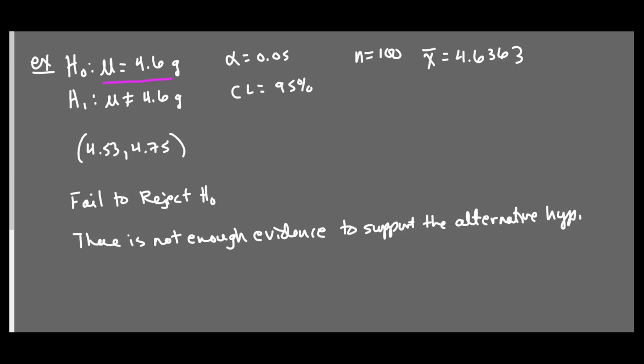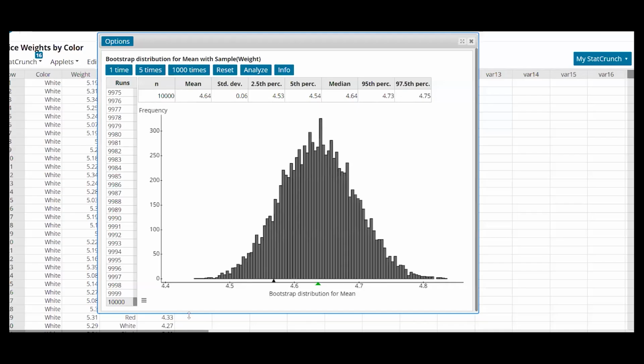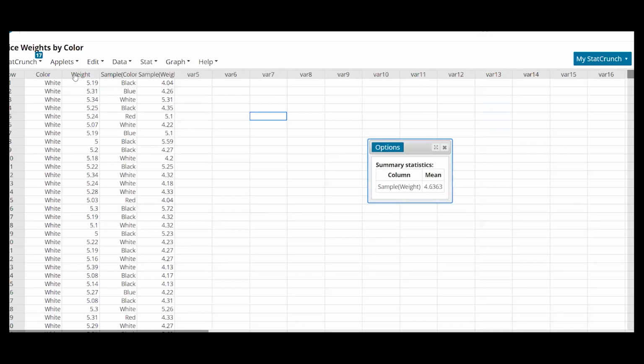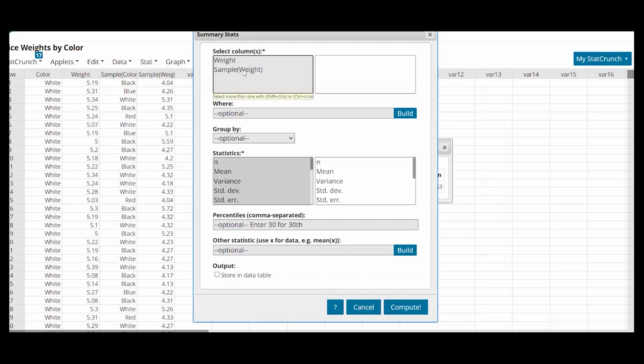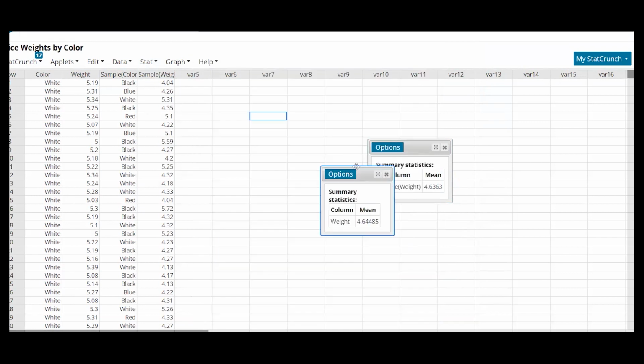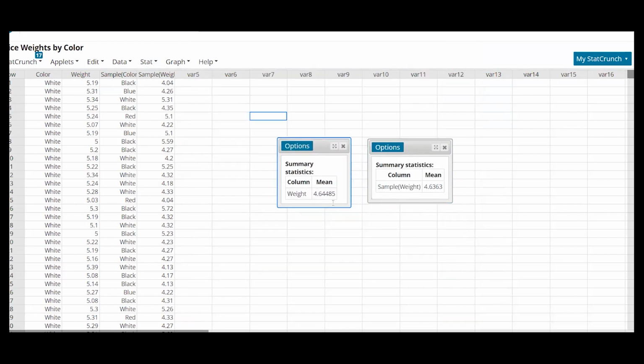Now I do have all the weights in a population here. So we could take the mean of all the weights and we find that it's actually 4.64. So it's not equal to 4.6.